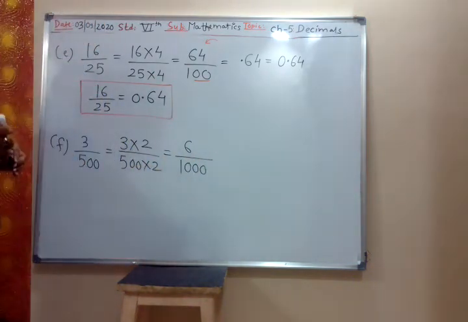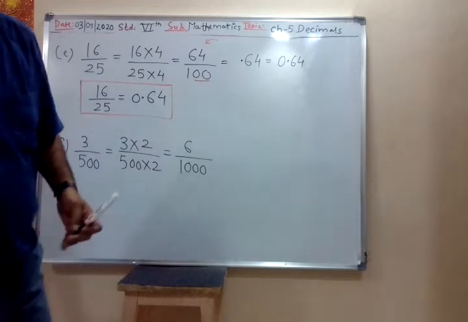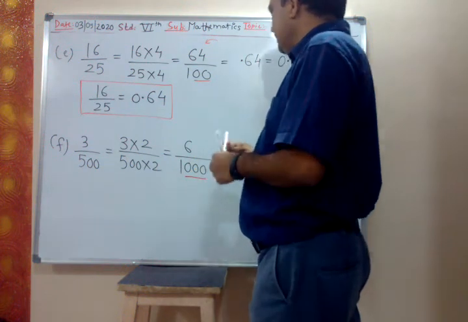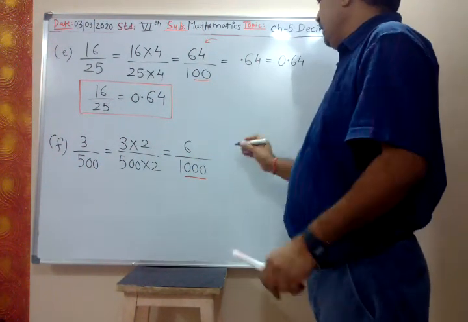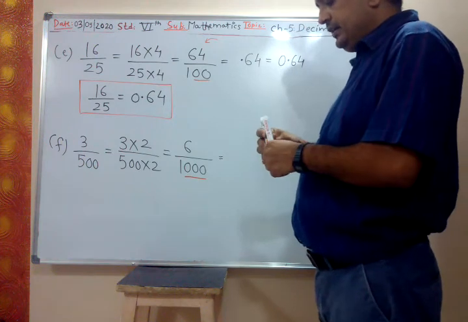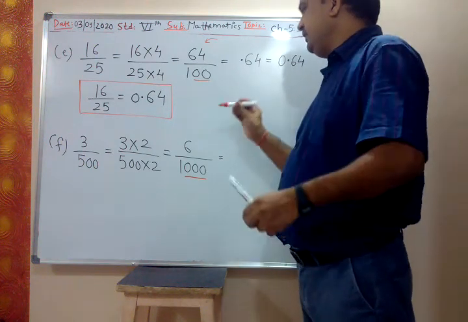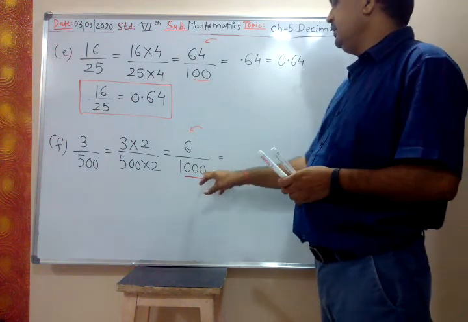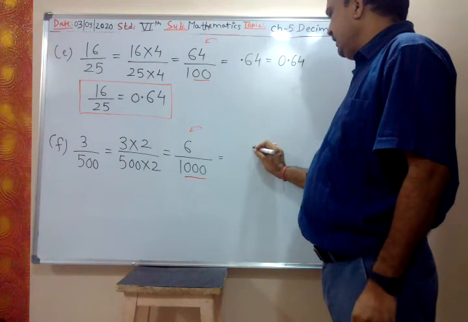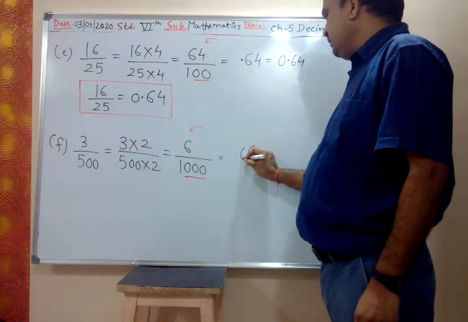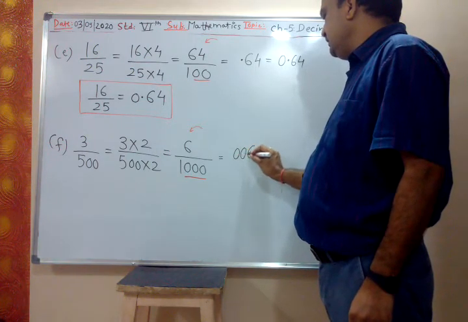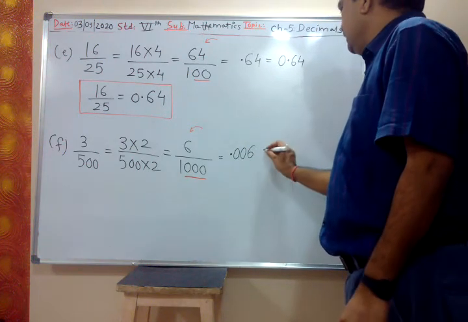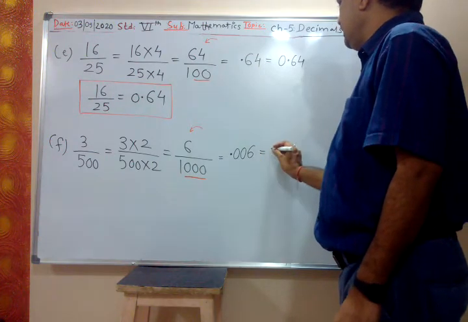Yes. Now my denominator is 1000. How many zeros are there? 3 zeros. So now we start from the right and put the decimal after 3 digits, because there are 3 zeros in the denominator. So we write 6, then 0, then 0. Now this is 3 digits, we put the point. That is 0.006. Before the point there is no digit, so I can write 0.006.